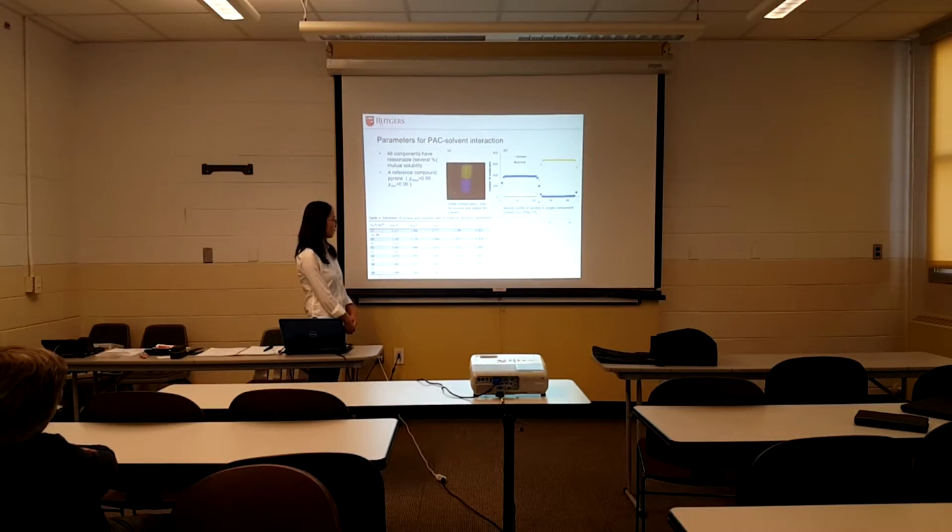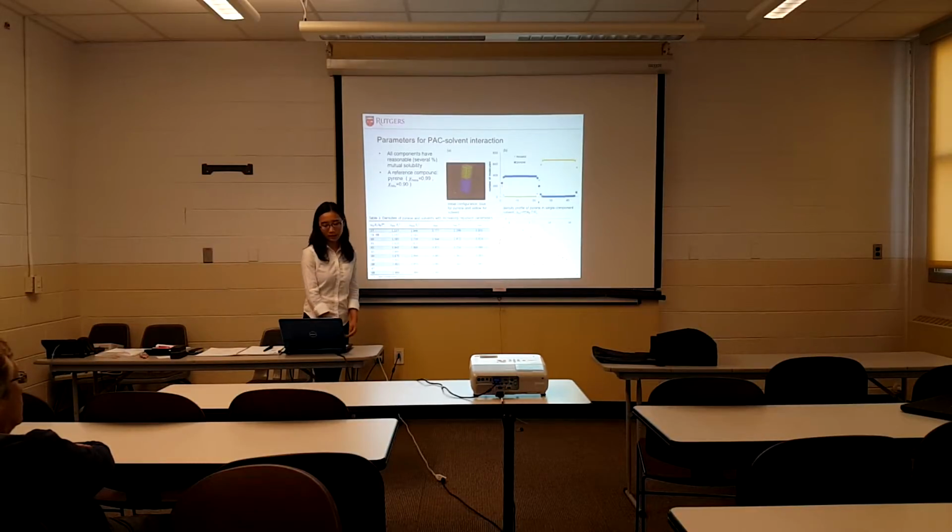And here we found that 65 would be the optimal parameter to describe the interactions between the polyaromatic core and the hexane. And we also estimated 58 from the linear dependence of logarithm solubility on delta A to be the interaction parameter between polyaromatic core and the toluene.